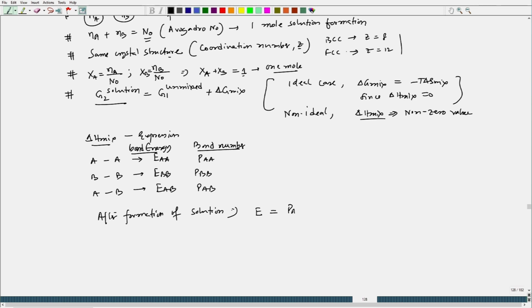So, we can say PAA into EAA plus PBB into EBB plus PAB into EAB.